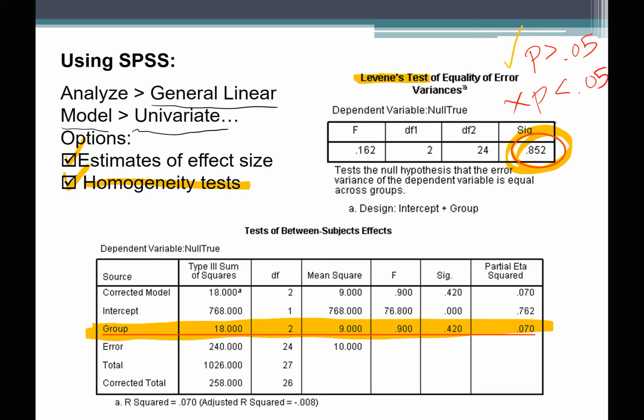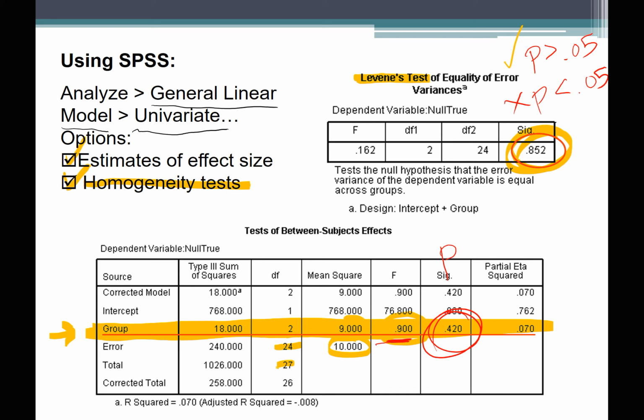We see our degrees of freedom for our group. We can see our total and our error degrees of freedom. And then we can see here's our MS group, our MS error, and then we get our F, which was 0.9, and then SPSS tells us that our p-value for this particular F value with our 3 groups and the number of participants we have is 0.420.